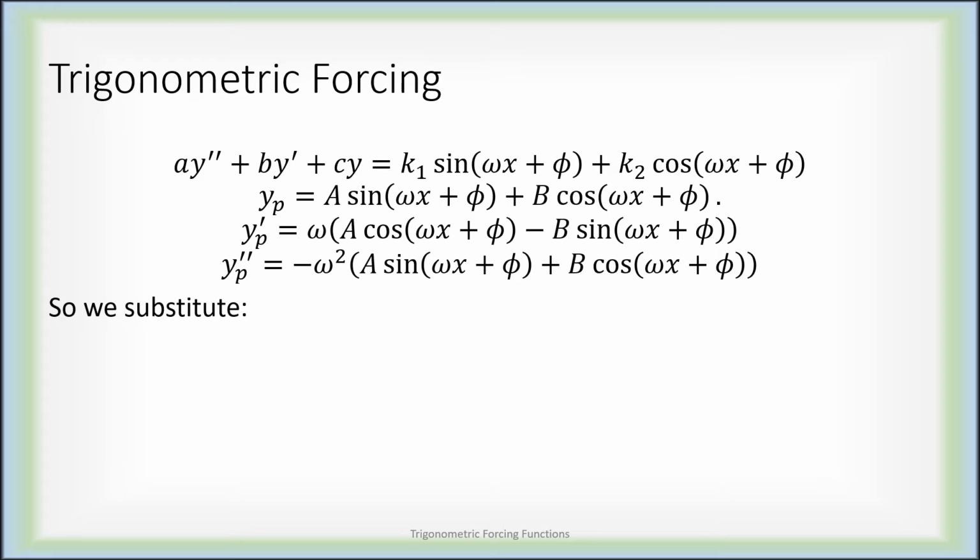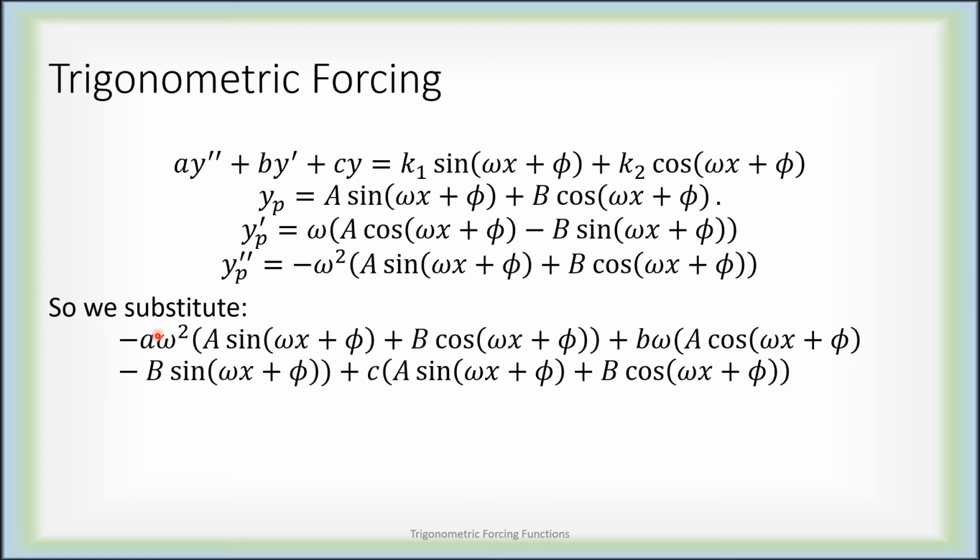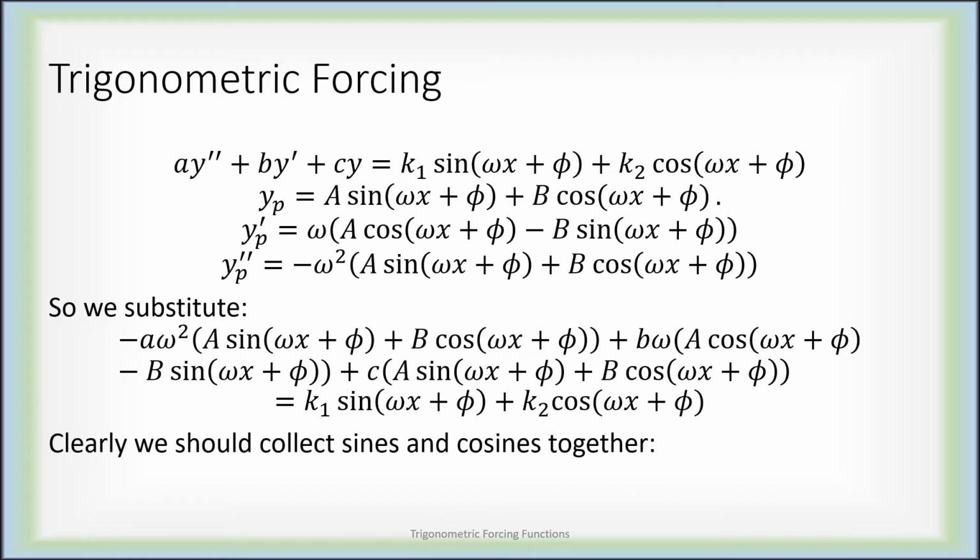So we take all of those and substitute them into the differential equation, producing a times yp double prime, which is all of this, plus b times yp prime, which ends here, plus c times yp. Now this is supposed to equal k1 sine of omega x plus phi, plus k2 cosine of omega x plus phi. So naturally what we want to do is collect together all of our sines and collect together all of our cosines.